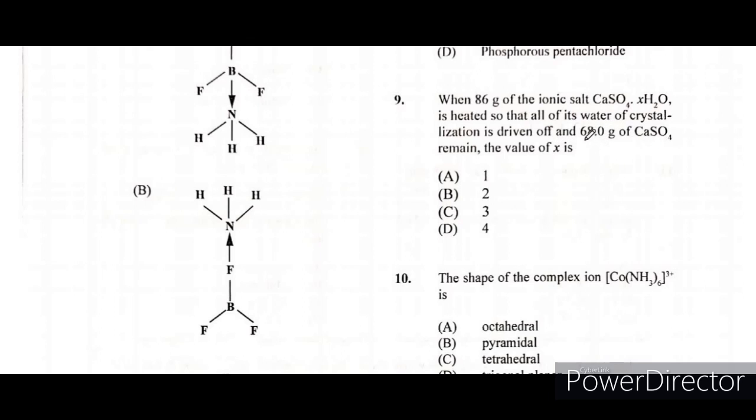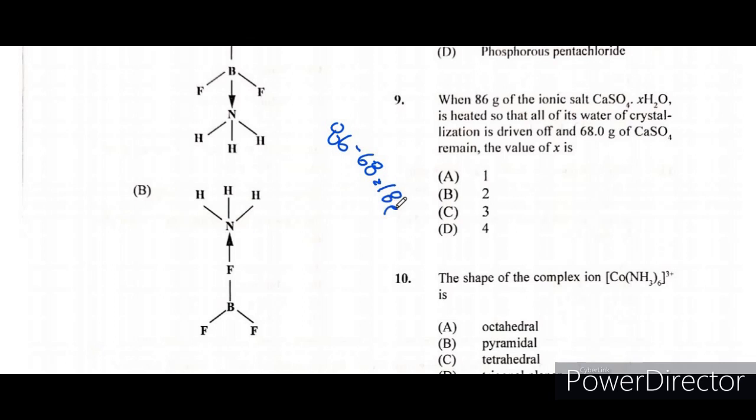The value of X is, that means if 68 grams of calcium sulfate is left from the 86 grams that they started out with, that means 86 grams minus 68 is equal to the amount of water, which is 18 grams of water that was originally there.